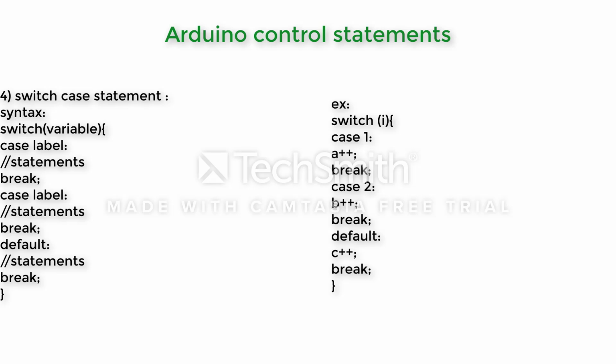So if i takes the value as 1, then the case 1 is executed, so a plus plus statement is executed and the break statement executes, which comes out of the switch. And if the value is 2, then b plus plus is executed, and if neither of the case statements are executed, then the default case is executed, which is the c plus plus.